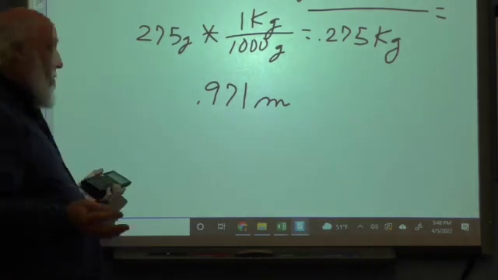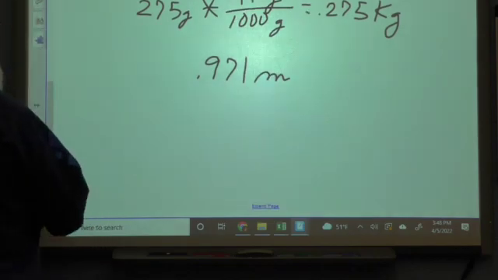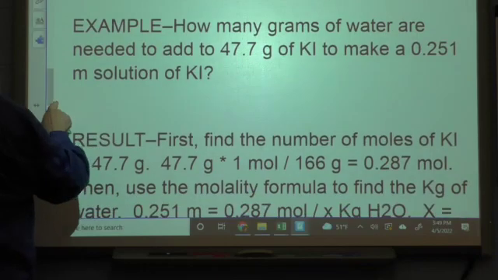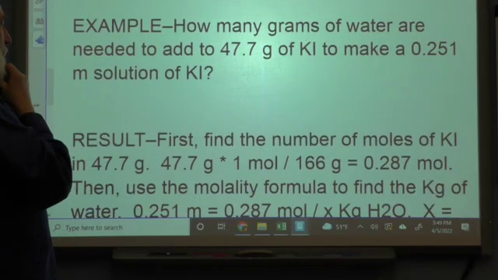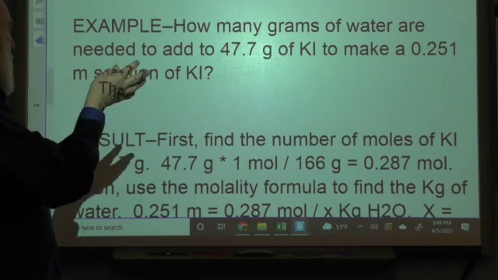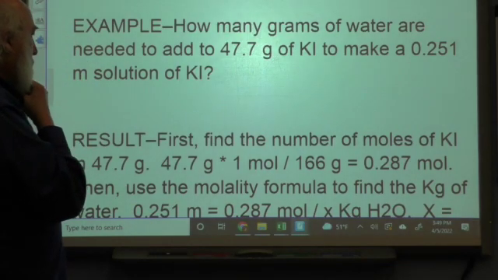That's how you find molality straight out. So go back and find the second example. And we have 47.7 grams of KI. And we need to know how much water we need to make a 0.251 mole per kilogram solution.